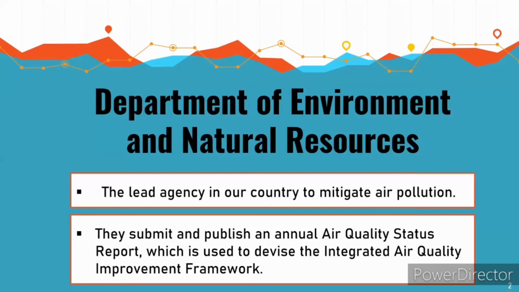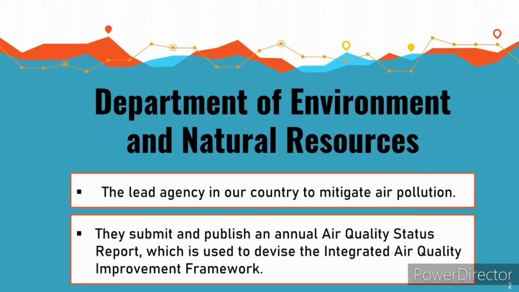By how? They formulate policies and standards subject to national laws, prepare a sustainable action plan, and coordinate its members, wherein the members include the concerned private sectors, organizations, local government units, and national government agencies.